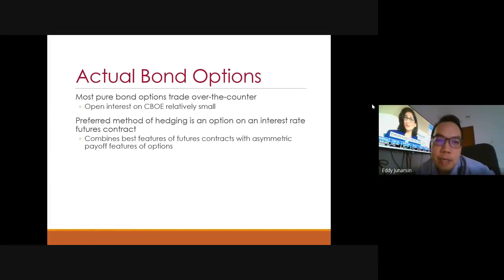Because if the market interest rate increases, then the value or the price of your bond will decrease, and so will your portfolio value, especially your bond portfolio. So increasing interest rate is identical with decreasing the value of the bond, or decreasing bond price.